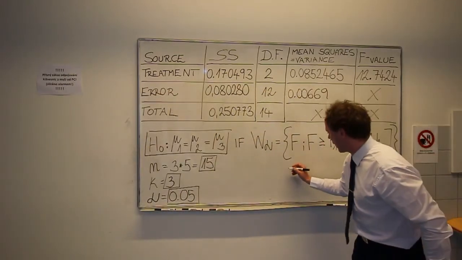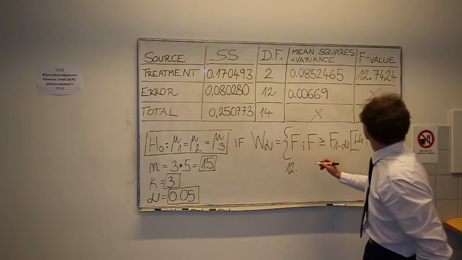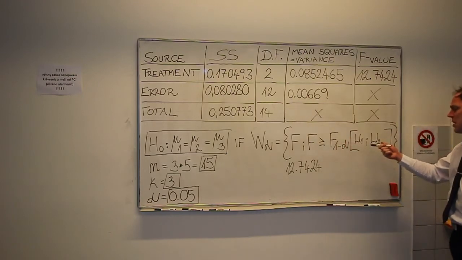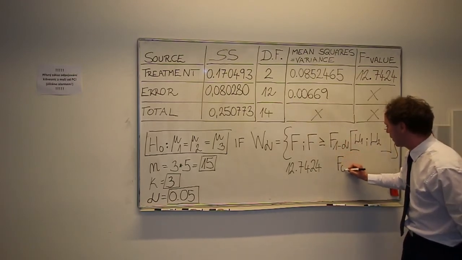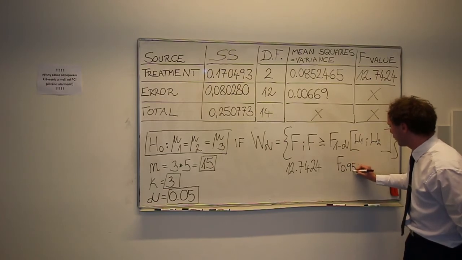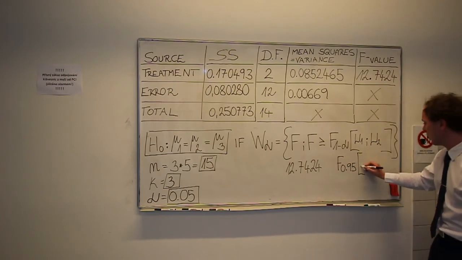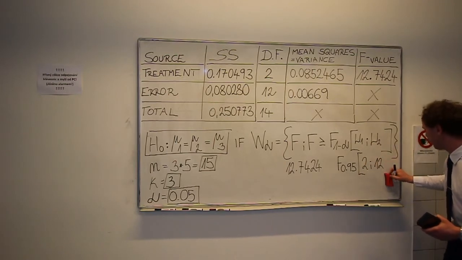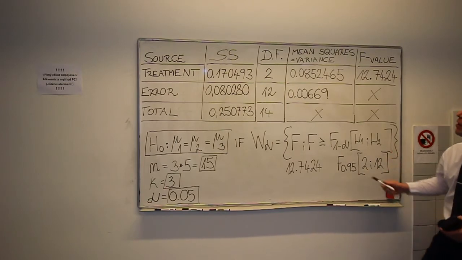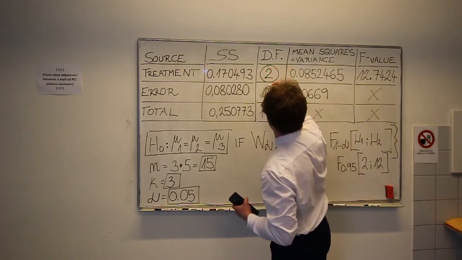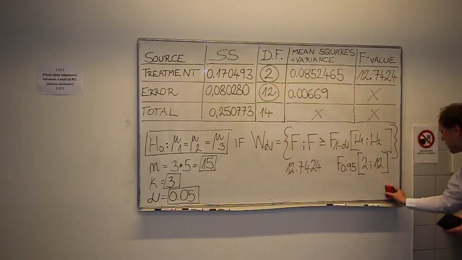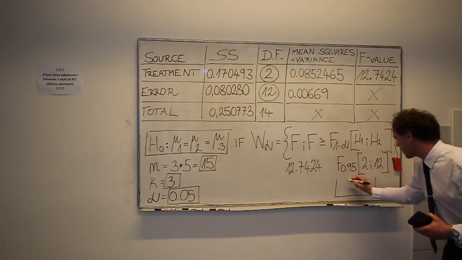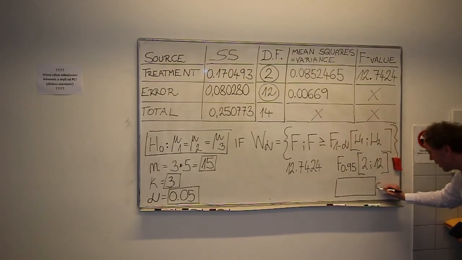Our F statistic is 12.7424, and we must find the critical quantile F 0.95 with degrees of freedom 2 and 12, which we have written here. So please check your statistical tables and find this critical value.